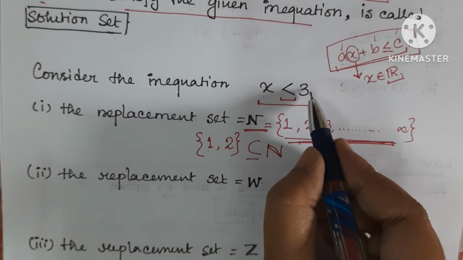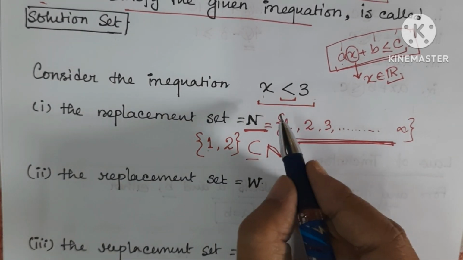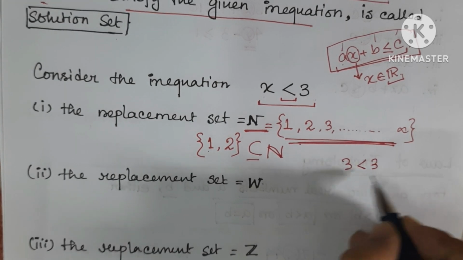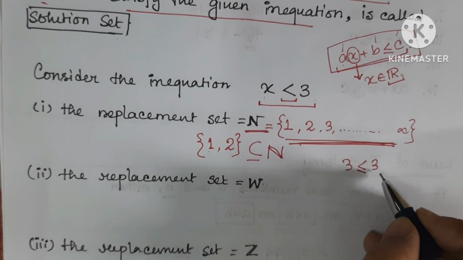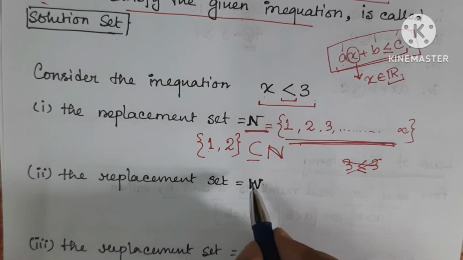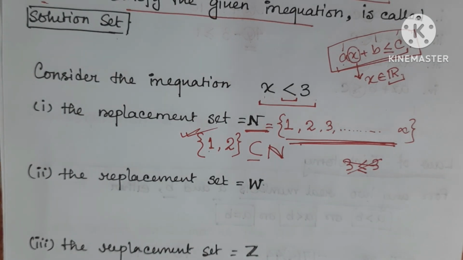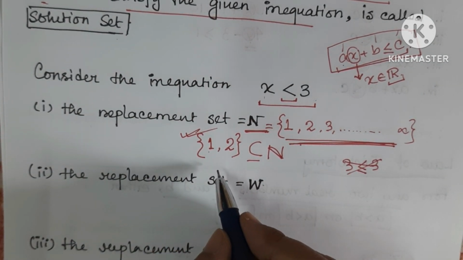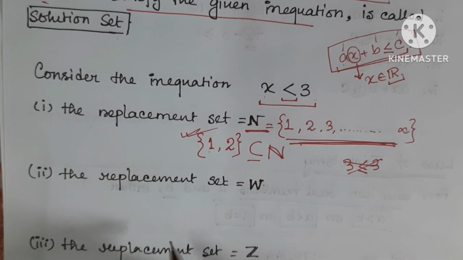See, 1 is less than 3, 2 is less than 3, but 3 is not strictly less than 3. You can't write 3 less than 3. So, solution set will be this, and we all know that if you write a set, you have to give this bracket, okay.